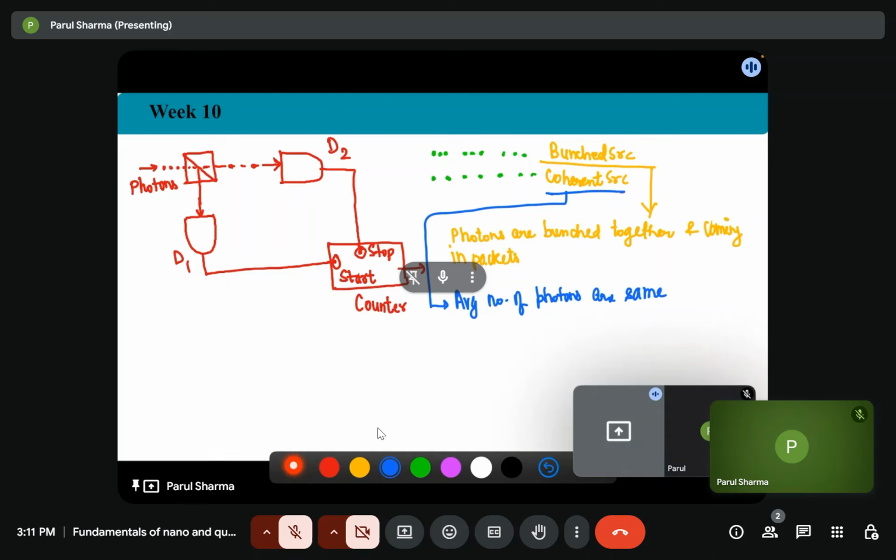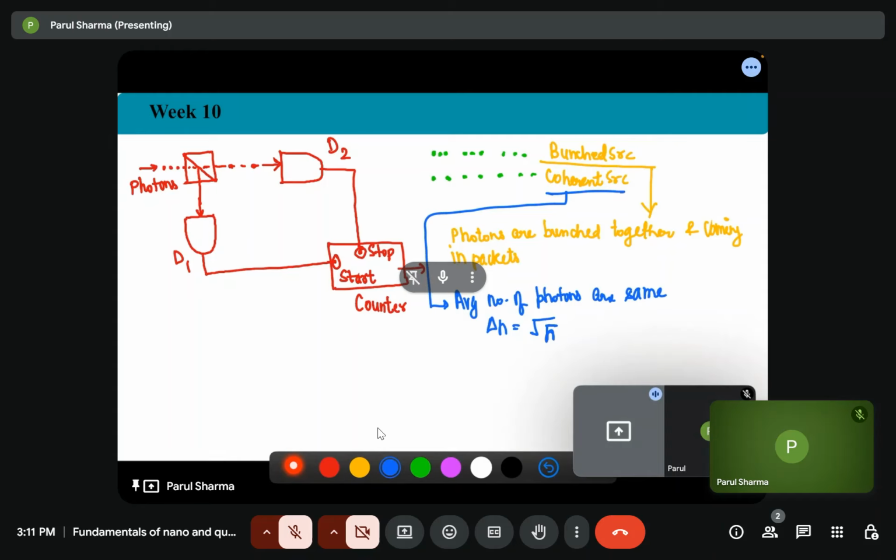So fluctuations are going to be equal to the square root of the number of photons, that is delta n equals under root n bar. That is, fluctuations will be equal to the square root of the mean number of photons. So what happens when a stream of photons is incident?